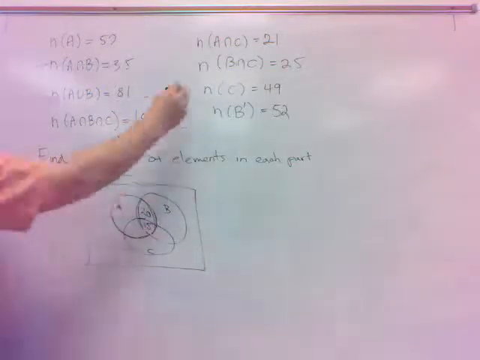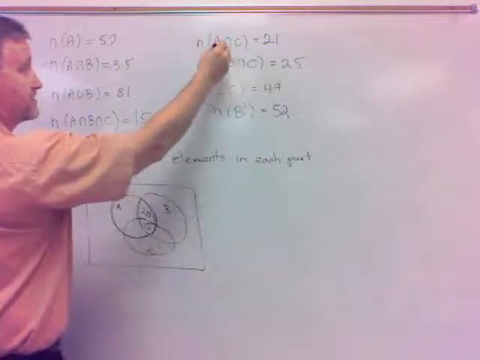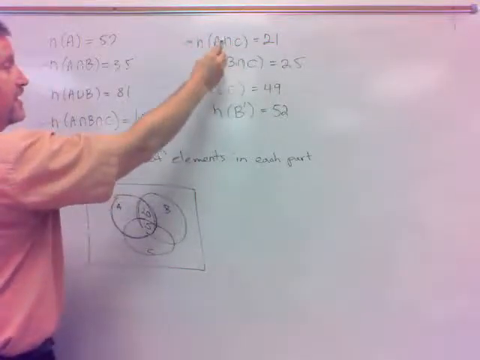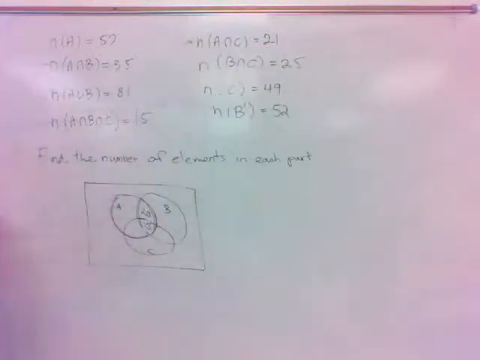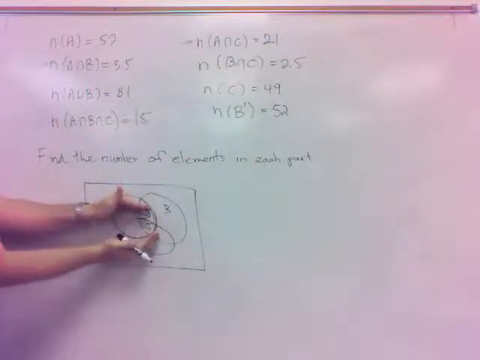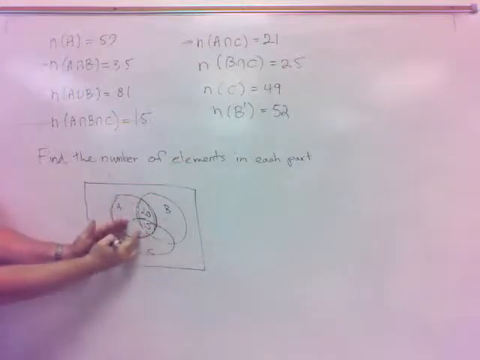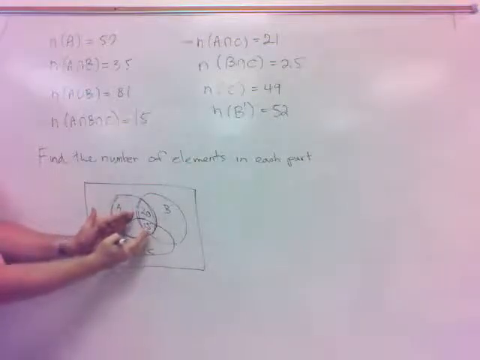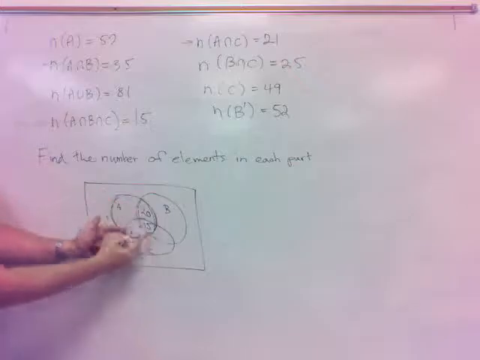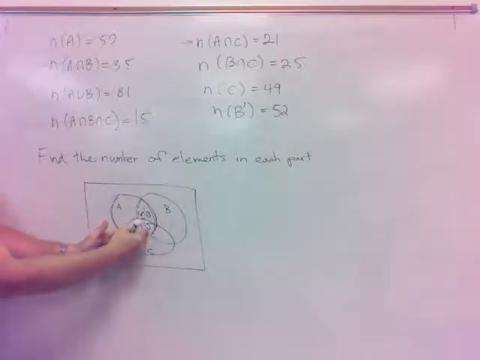But I can go to more of these intersections, right? I can go to this one now. A intersection C is 21. That's the overlap of A and C, which would be right here, these two right here. Don't forget that part. So that totals to be 21. 15's here, so that must mean 6 here, right?